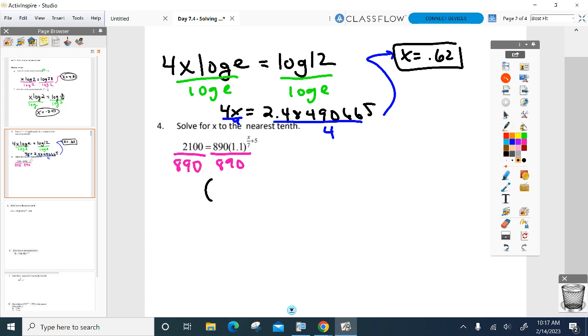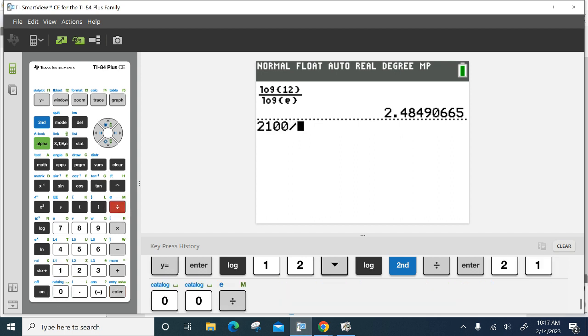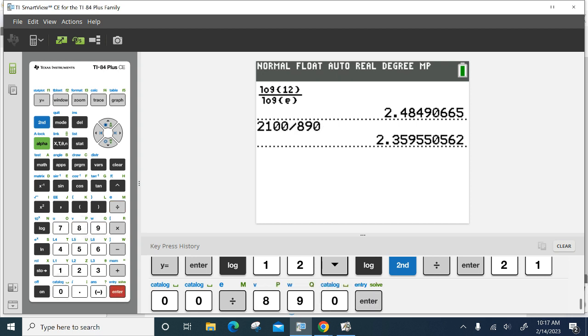So I'm left with 1.1 raised to the x over 7 plus 5. Now watch, little calculator tricks here, kids. We do 2100 and we divide it by 890. I don't think any of us want to write that out, right? You could write the full calculator display.